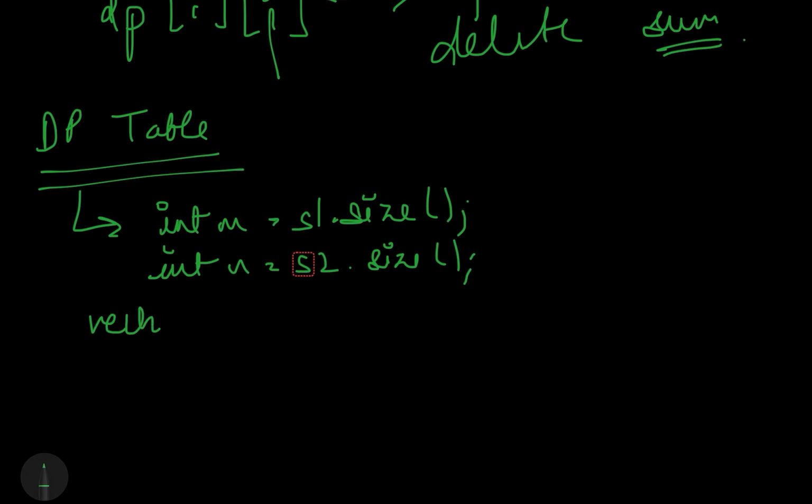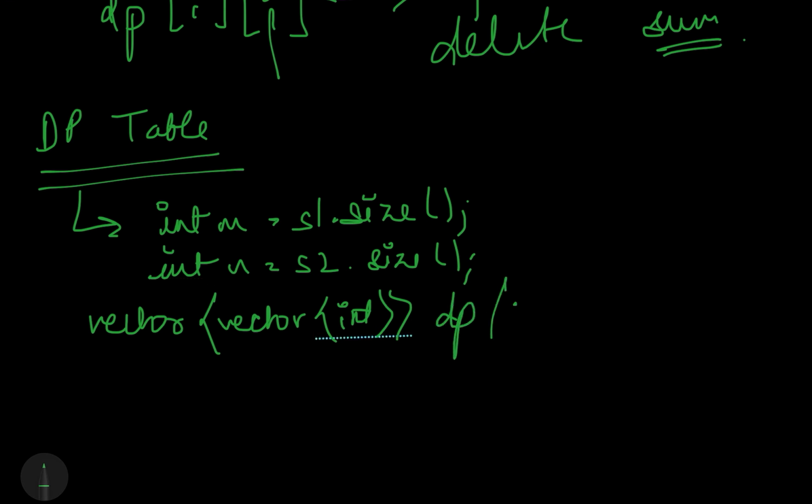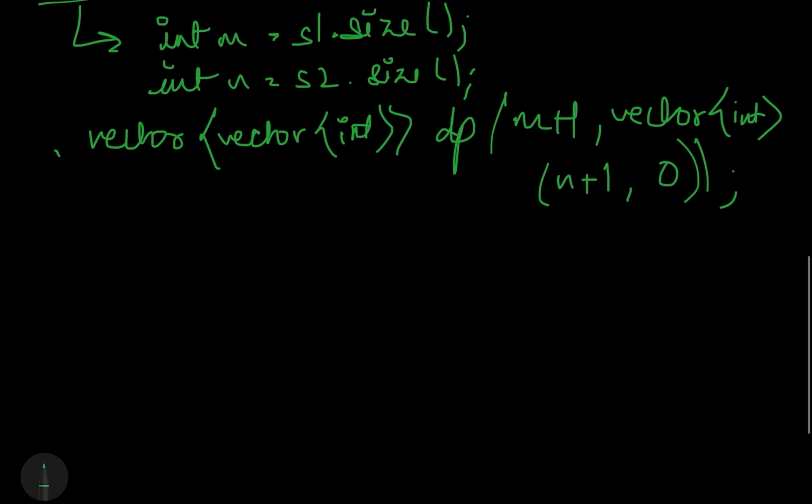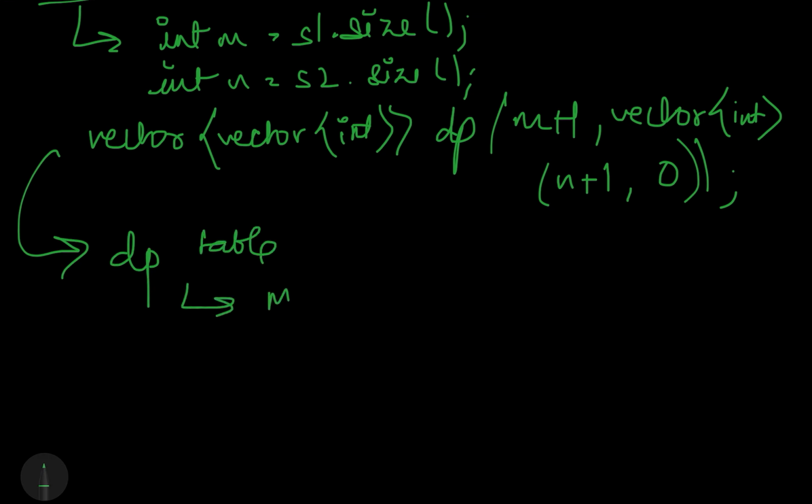Then we'll define our DP, which is a vector of vector of int, with rows m plus 1 and columns n plus 1, and we'll initialize it with 0. From here we'll get our DP table, which will have m plus 1 rows and n plus 1 columns. We have one extra row and extra column to handle the empty case.